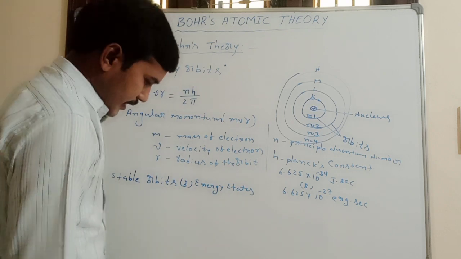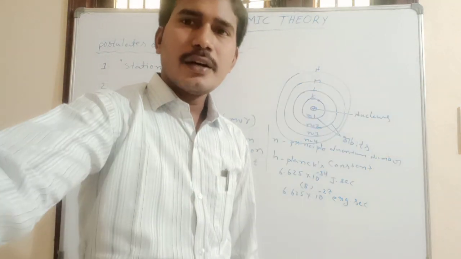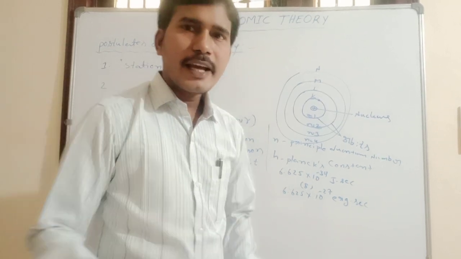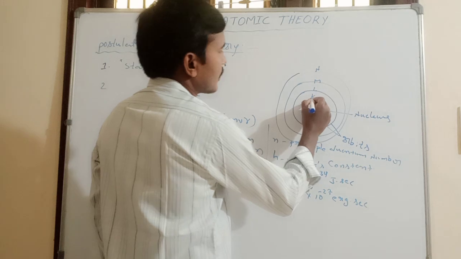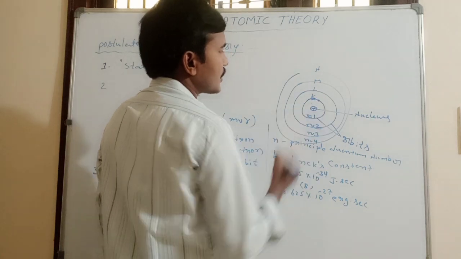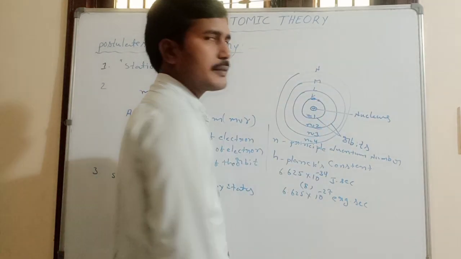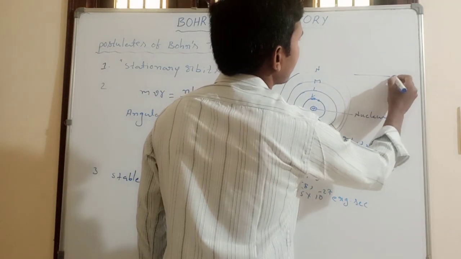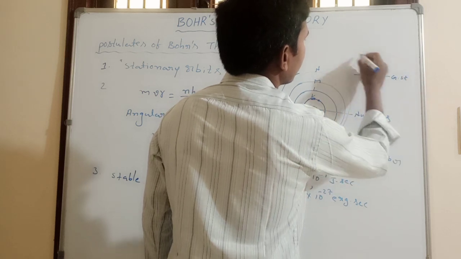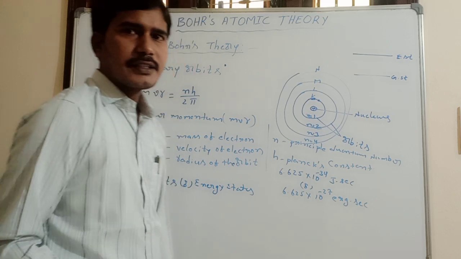The energy is absorbed when an electron moves from the ground state to the excited state, that is, from an inner orbit to an outer orbit. This is the ground state and this is the excited state.